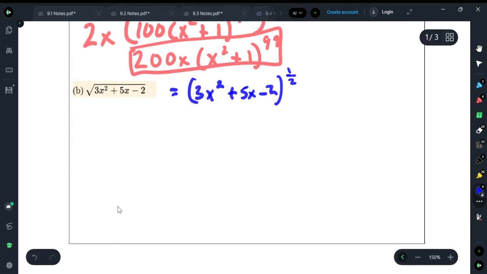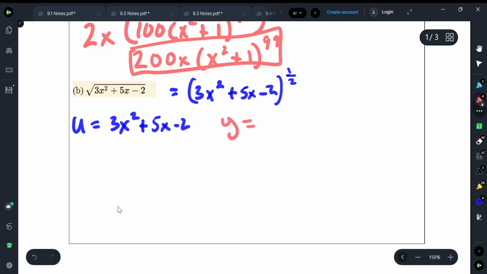That means we're going to have a u, and our u is just going to be the inside function, 3x squared plus 5x minus 2. All right, our outside function is going to be this, which is u to the 1/2 power.